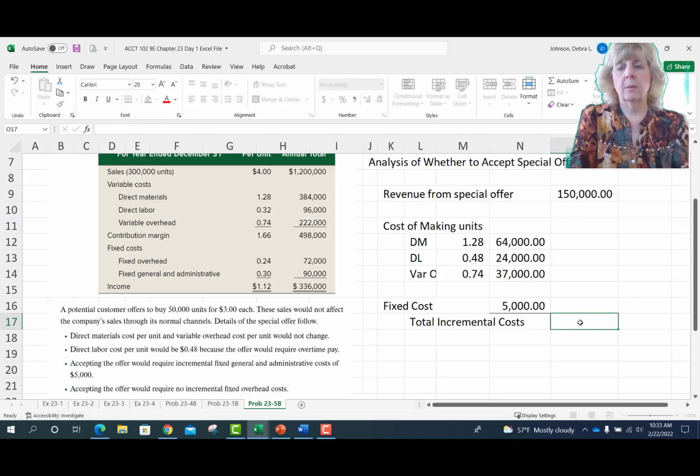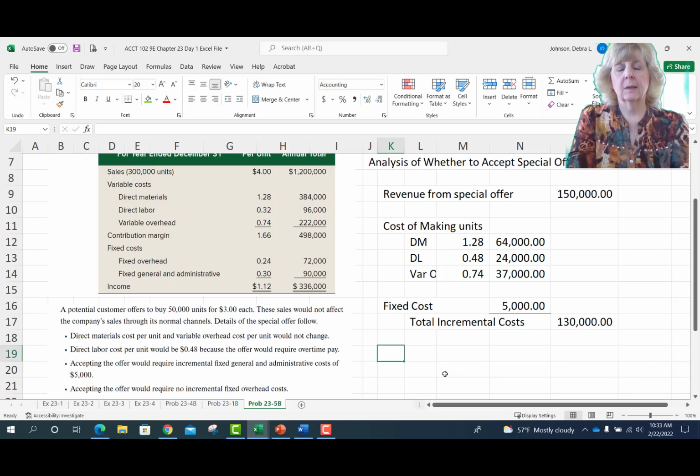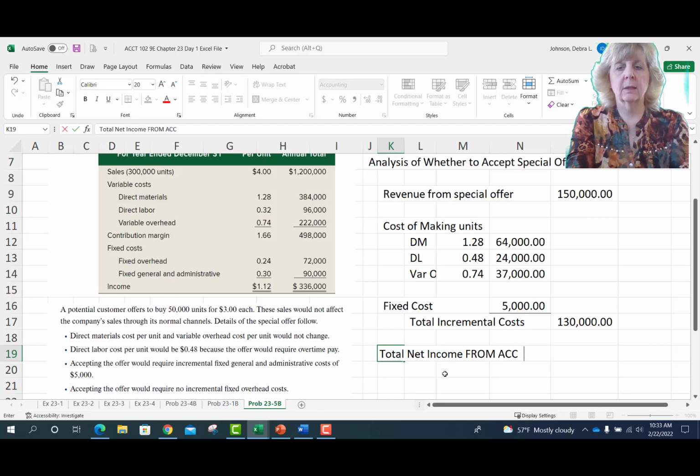I'll add those up. We would take the difference between the revenue coming in and the cost that would be expended, and I'm going to call that total net income from accepting the project.